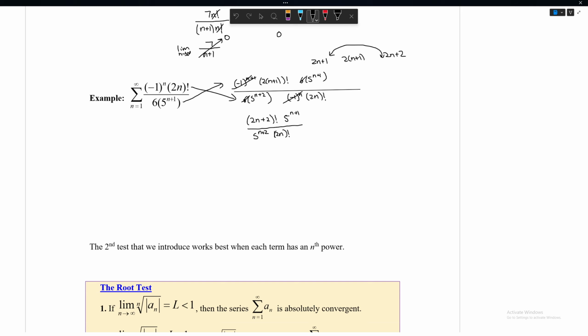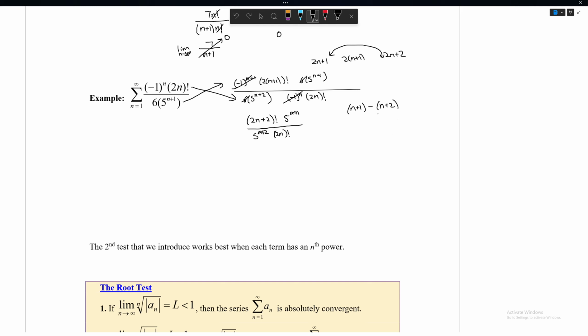And so what you can do here is this 5n will cancel out, this n will cancel out with this n, right? Because when you divide, you're doing n plus 1 minus n plus 2, because they're the same base. When you divide them, it's just like x over x. What I'm doing is x to the 1 minus 1, and I get x to the 0, which is just 1, right?